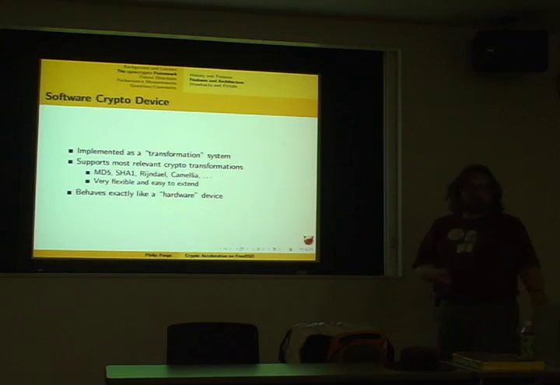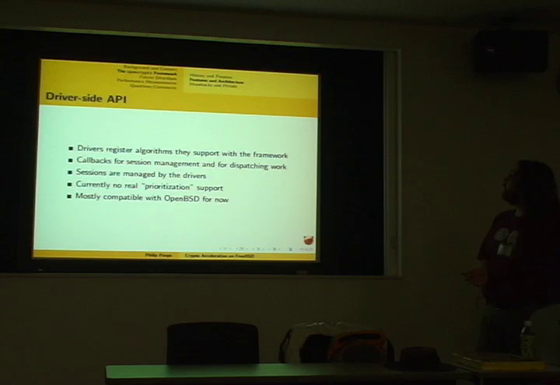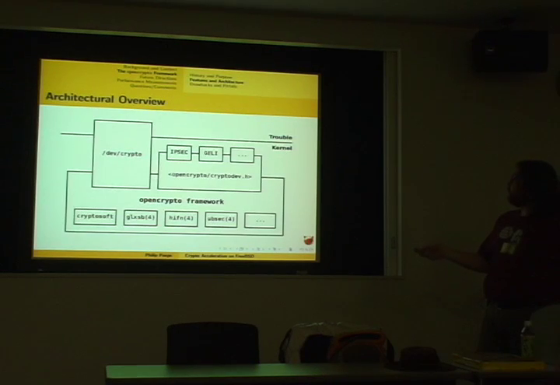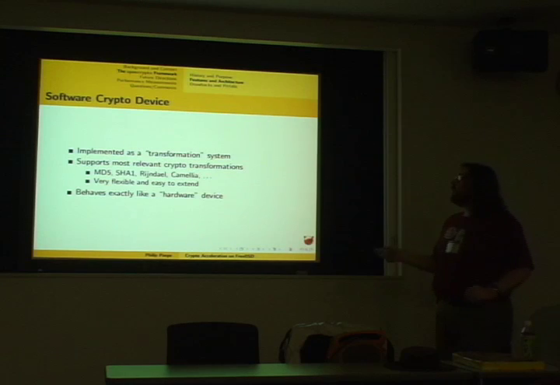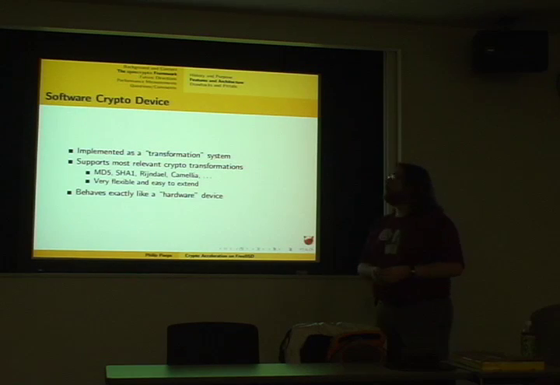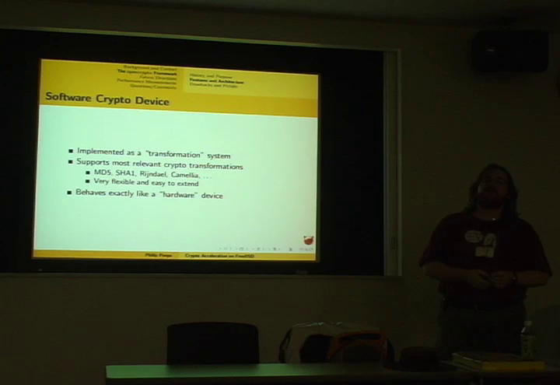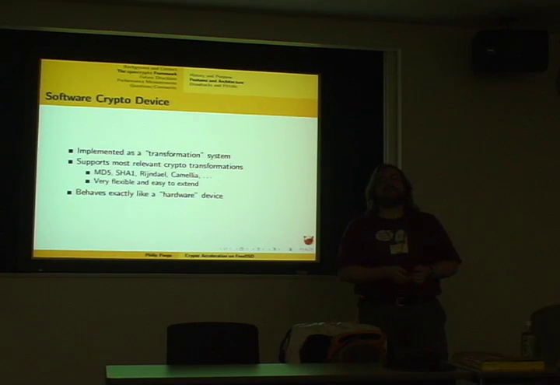So, going back to the architecture, the software crypto device, which is this guy, is exactly like a hardware device, only it's implemented in software rather than bits of silicon. It's implemented as a generic transformation system, so it's not actually limited to cryptography in any way.